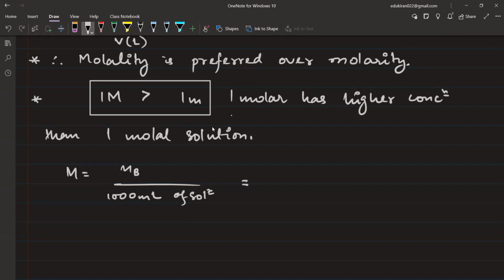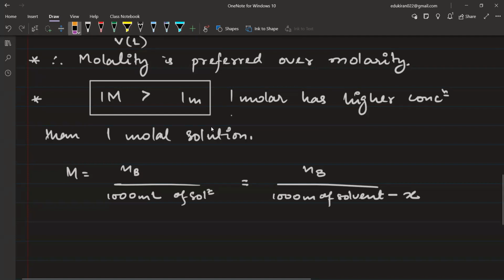I can rewrite this as number of moles divided by 1000 ml of solvent minus some quantity, right? Because 1000 ml of solution will be 1000 ml of solvent minus this.